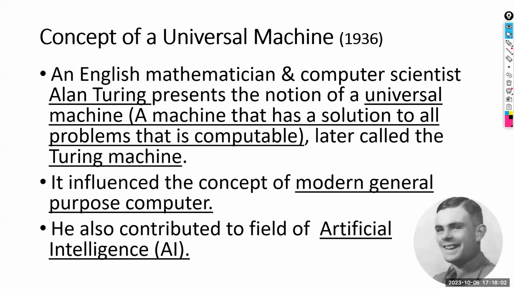In 1936, an English mathematician, Alan Turing, another very famous person in the history of computing, came up with the idea. He never came up with the computer. He thought, why do we build machines or computers, one machine doing one task, another machine doing another task, and so on?